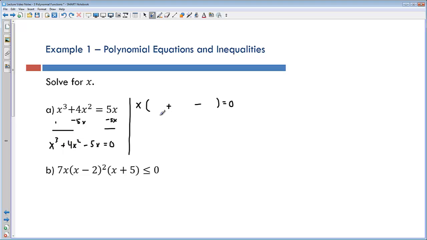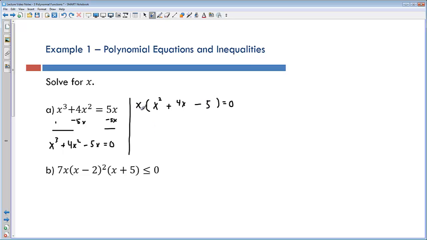These pluses and minus just correspond right here and here. So what times x is x cubed? Well, that should be an x squared. Then what goes here times x gives you 4x squared? Well, that should be a 4x. And what goes here times x is a 5x, and that's a 5.